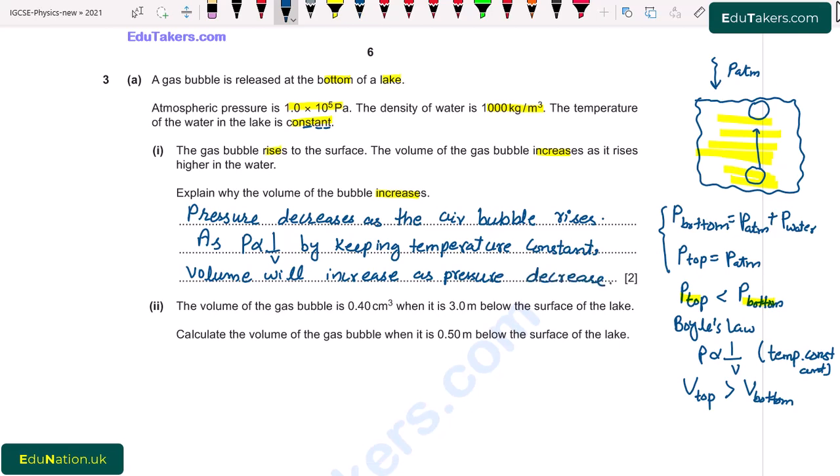That's why the volume at the surface of this lake is larger as compared to at the bottom.